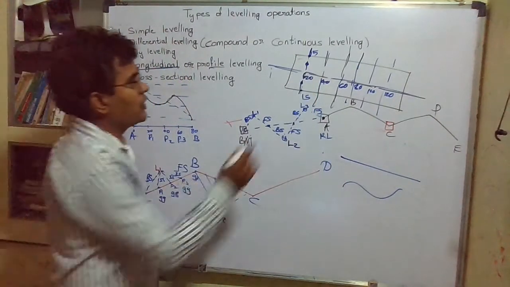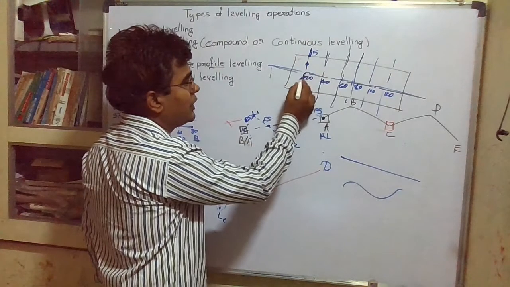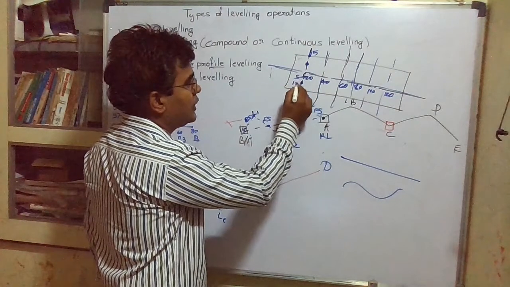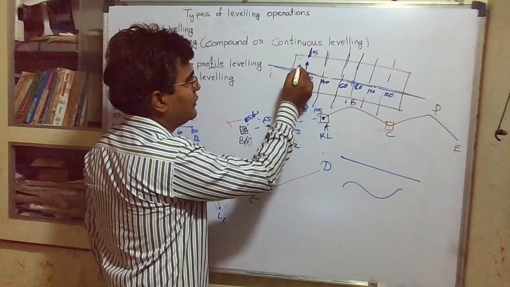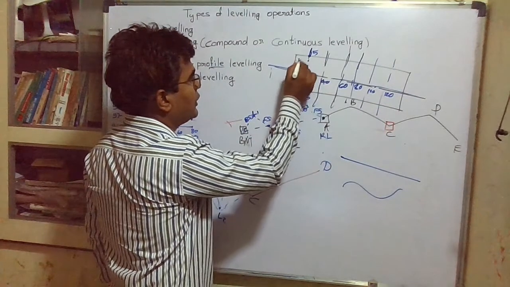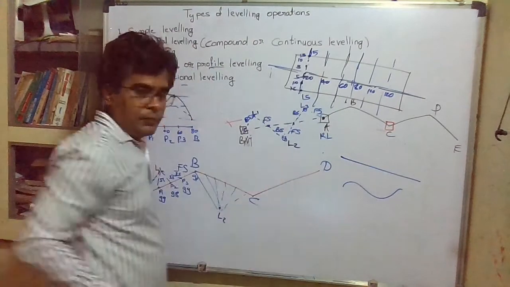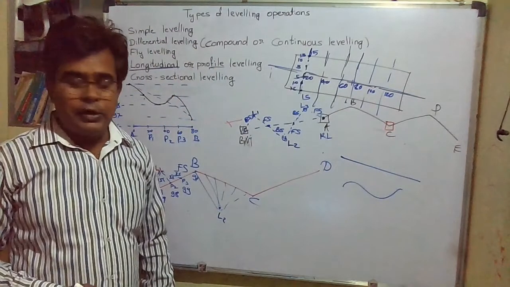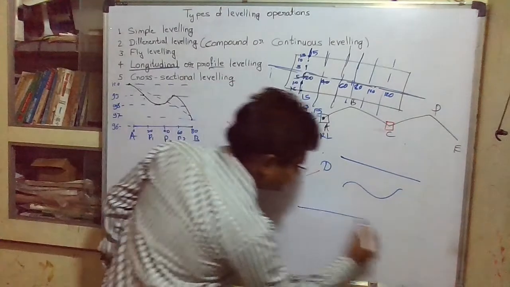So here also, suppose this is 15 meter, again we can divide it as 5, 10, 15, and we'll find out the RL.